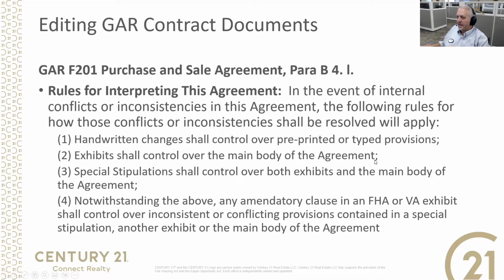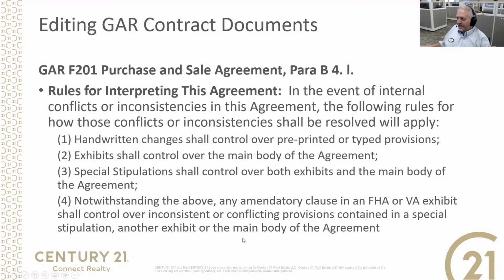Okay, so if you have something in an FHA exhibit that is in conflict with something in the purchase and sale agreement, whatever is in the FHA exhibit is going to rule. Does that make sense? Any questions on that? Good. Special stipulations shall control over both exhibits and the main body of the agreement.